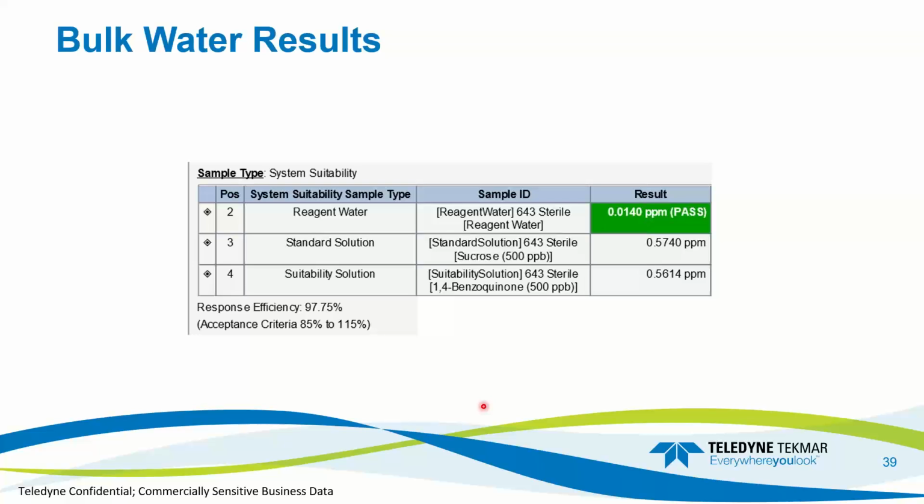You don't have to have any worries about changes to the method or changes to the system suitability. It's all locked in, especially with permissions given within the 21 CFR software. That's another great thing about the Fusion system: when it comes to pharmaceuticals, we can set up different accounts.